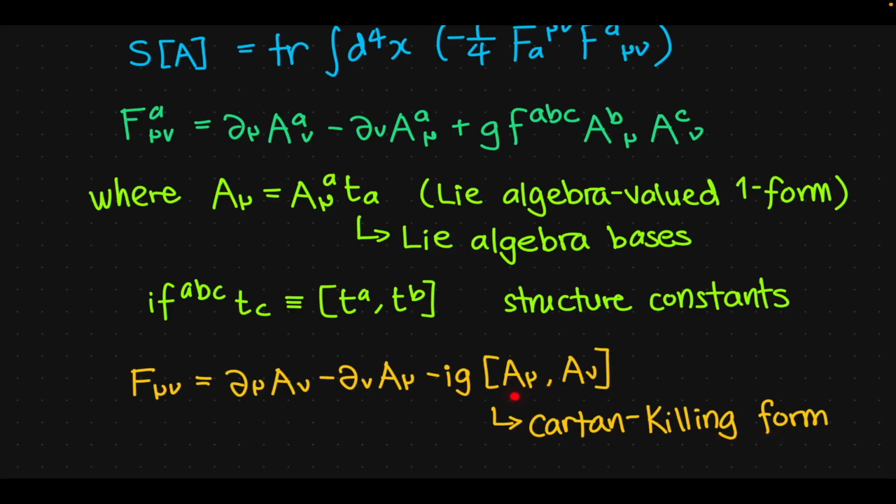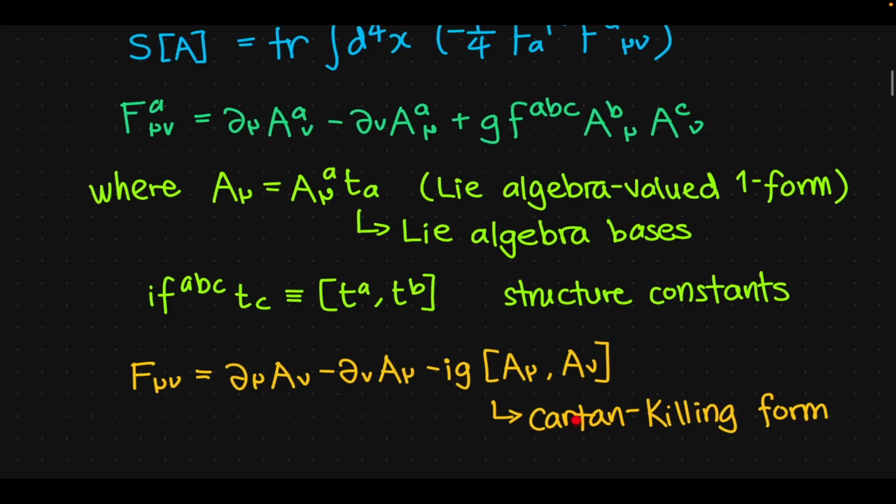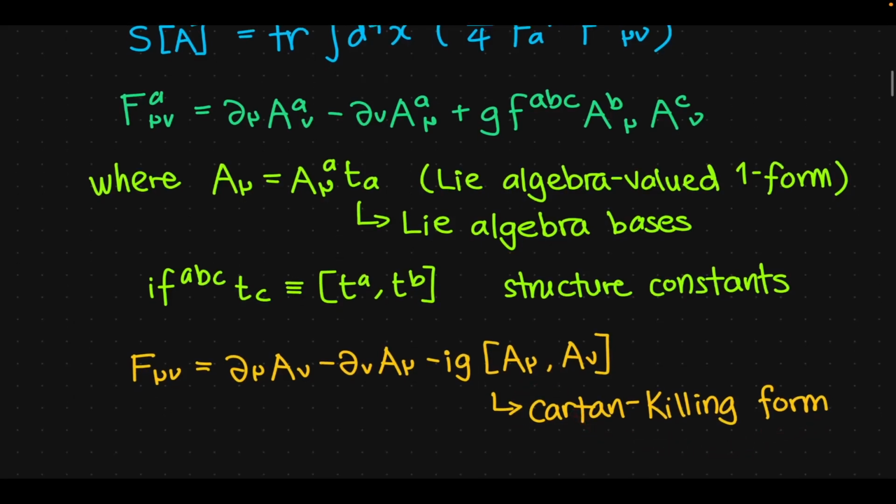So for an abelian gauge Lie algebra, we would not have this term, which makes sense because for abelian Lie algebras, the Cartan Killing form is identically 0.